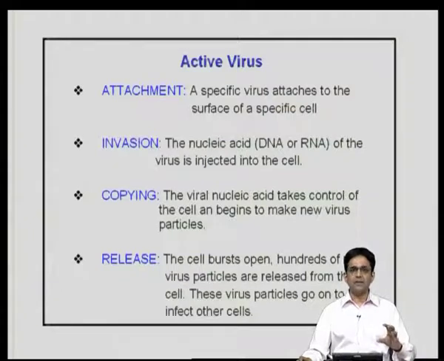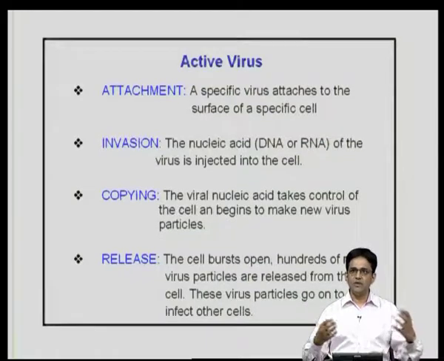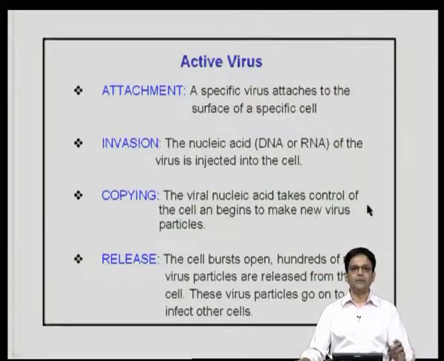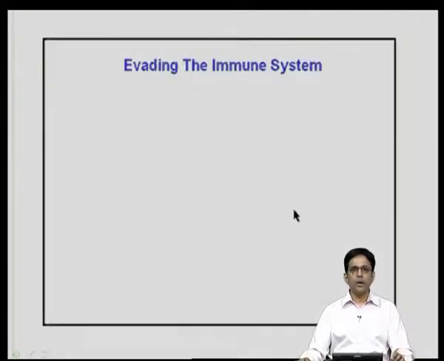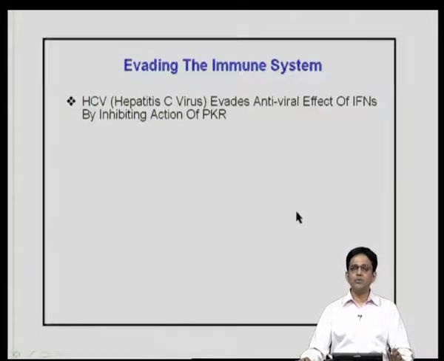Now, the viral particles are formed and then the cell bursts open and releases hundreds of these, with the hope that some of these will be able to find host cells in which they can replicate and spread the progeny. Okay.